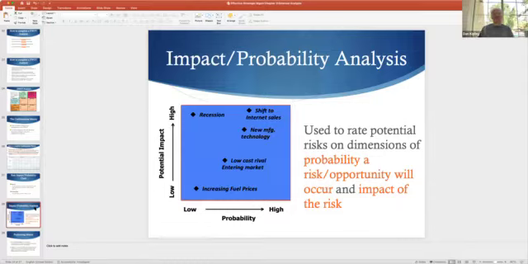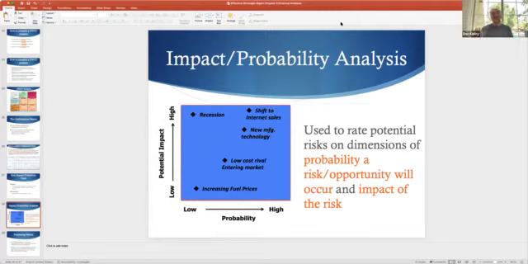Now on this particular matrix, remember that you will need to include all of the opportunities and threats that you identified in your SWOT analysis. So for your final paper, if you have 7 opportunities and 5 threats, I'm expecting to see 12 entries in this matrix. Now, I know it can get really busy if you write them all out.